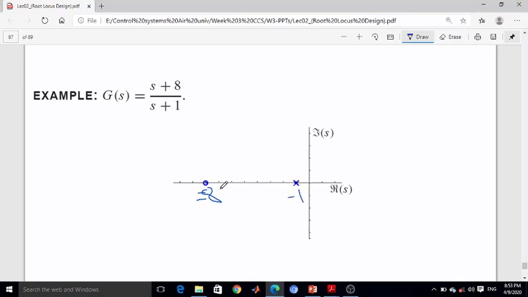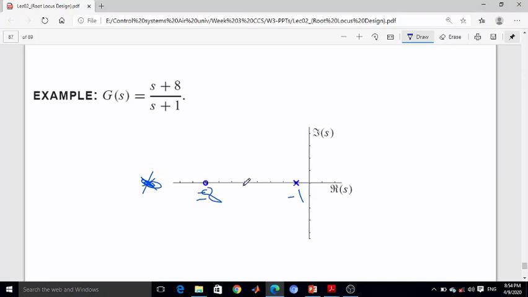Now the rule was that we should have a test point which should be located to the left of an odd number of poles or zeros. So if we take a test point here, then it is located to the left of an even number of poles and zeros. So this point is clearly not on the root locus.